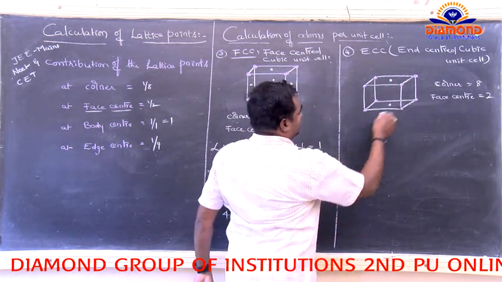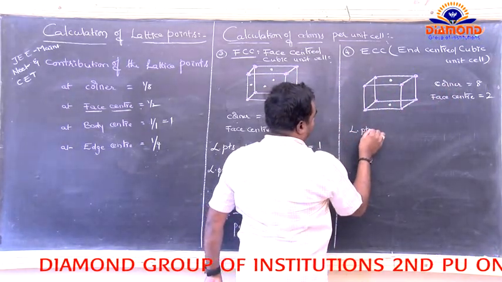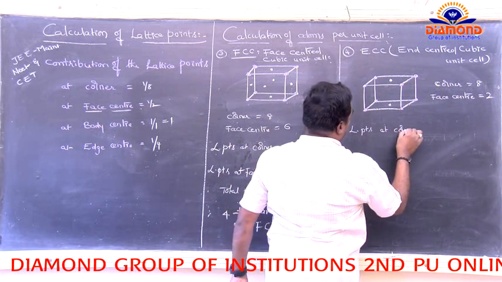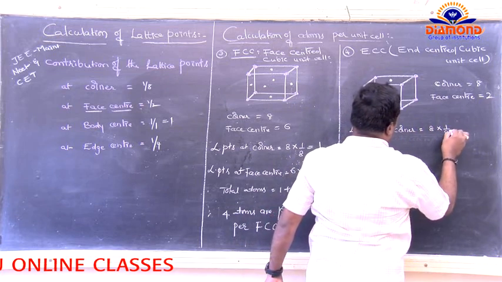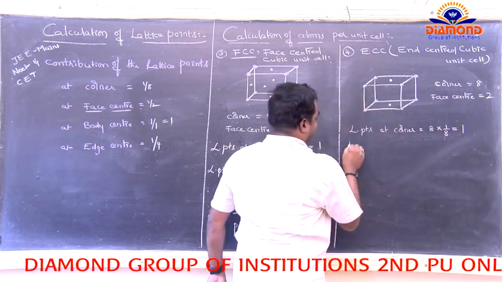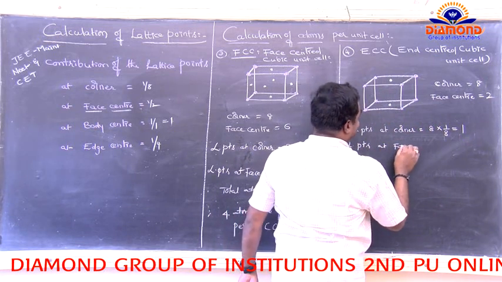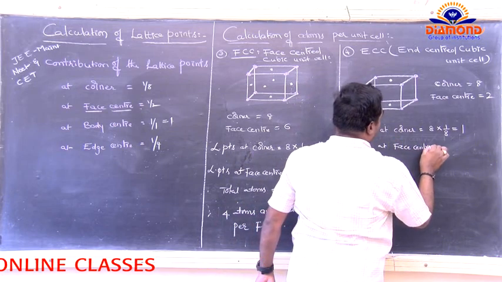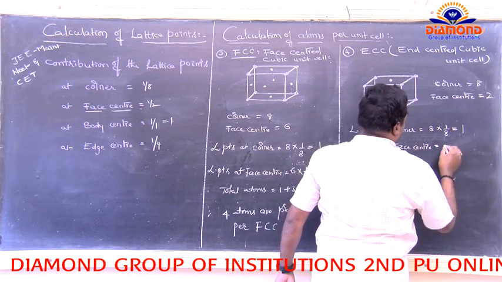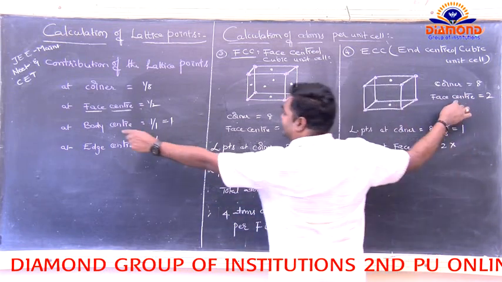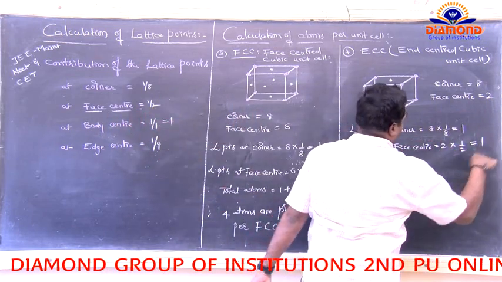So lattice points at corner is equal to 8 into contribution 1 by 8 is equal to 1, and lattice points at the face center is equal to 2, with contribution 1 by 2, is equal to 1.